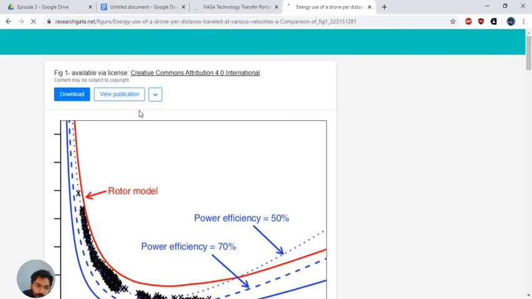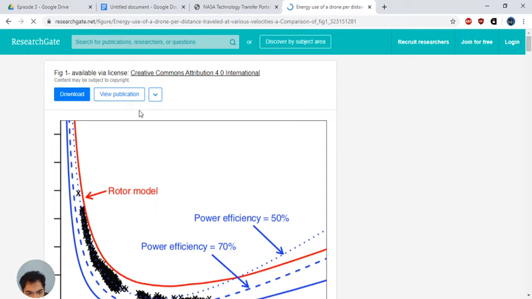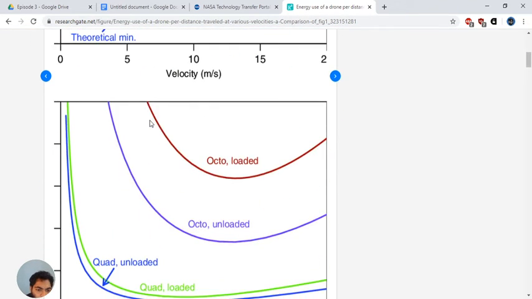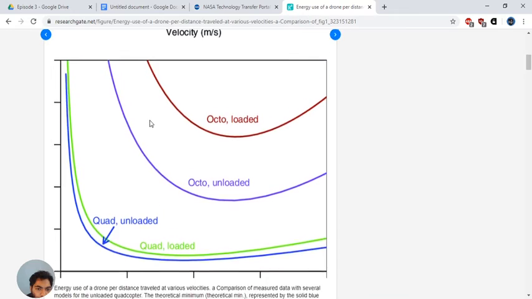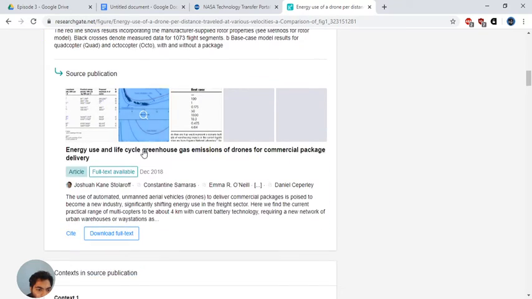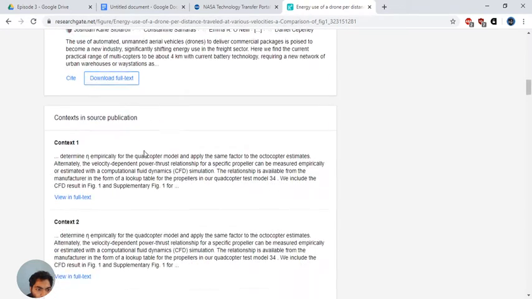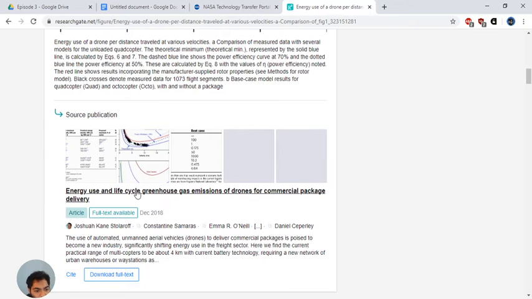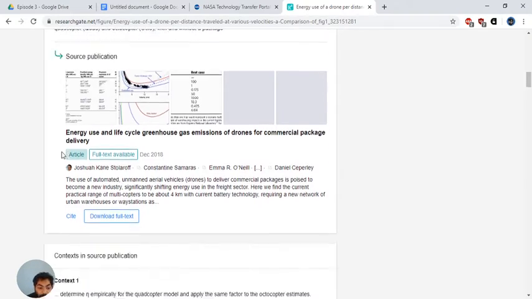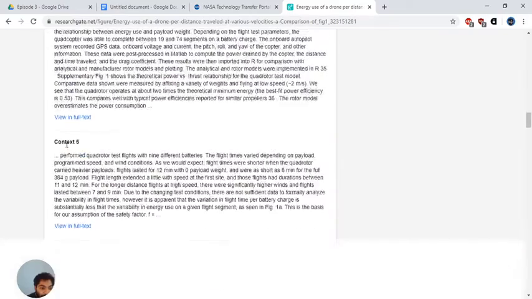They've gone into energy use and life cycle greenhouse gas emissions of drones for commercial use. They've gone crazy here, people.